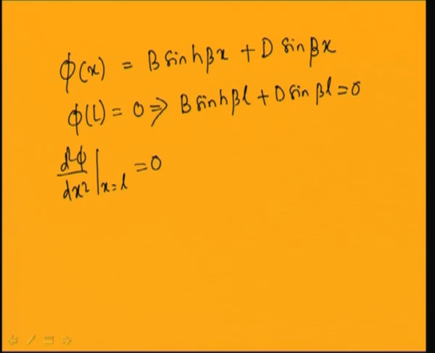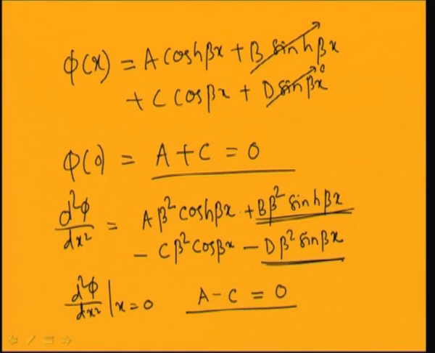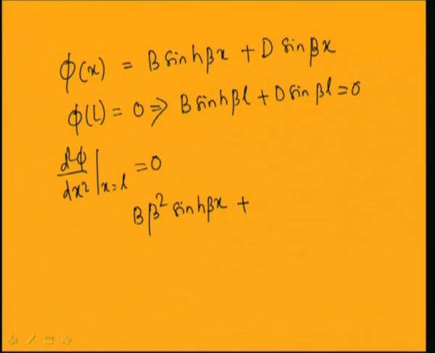So, when I put this equal to 0, this expression becomes B into beta square sinh beta x plus D into beta square, minus, this becomes minus D beta square sin beta x.